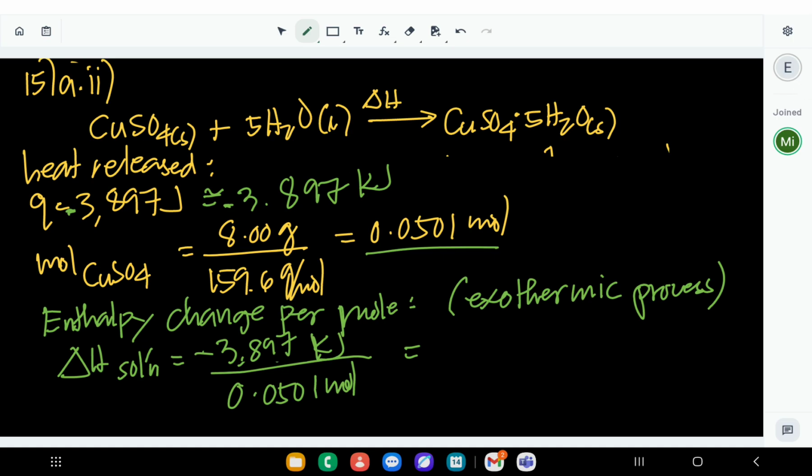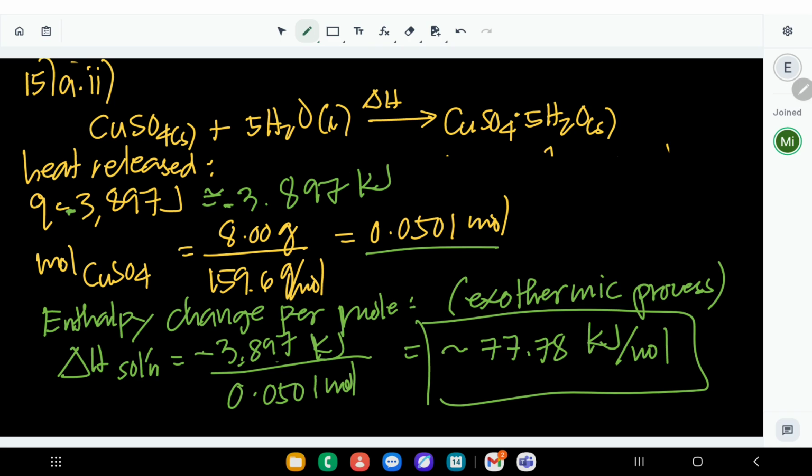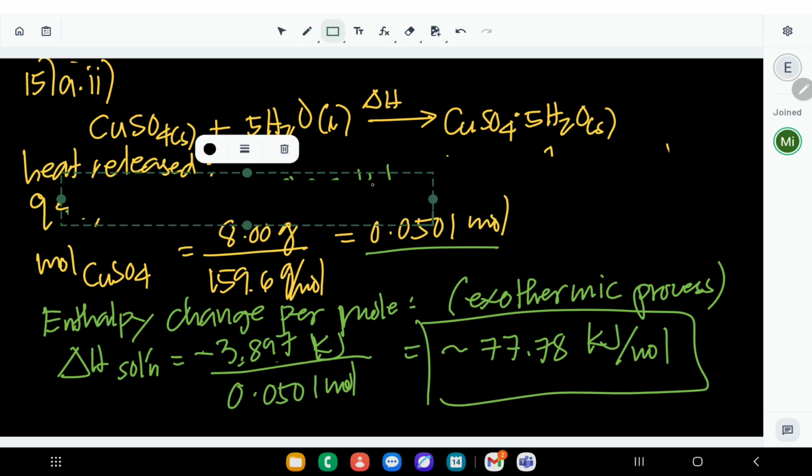So this is approximately negative 77.78 kilojoules per mole. Let me check from your paper. From your paper, the answer is negative 66. Oh, I miscalculated it.